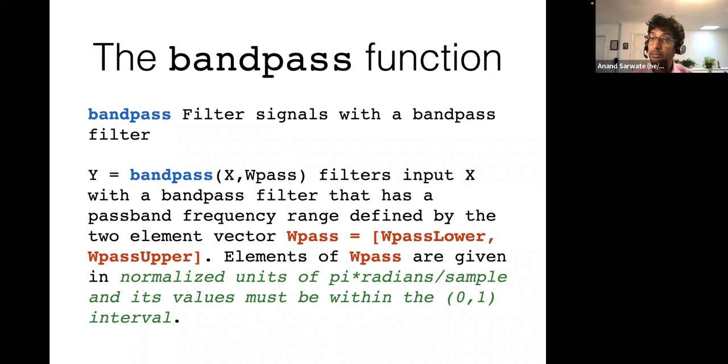Pass band frequency range means the frequencies that can get through and that are not blocked by the filter, defined by the two-element vector w pass, which is lower and upper. And the elements of w pass are given in normalized units of pi times radians per sample, and its values must be within the 0-1 interval.